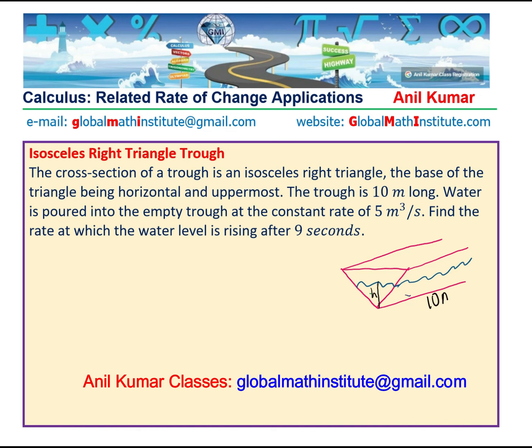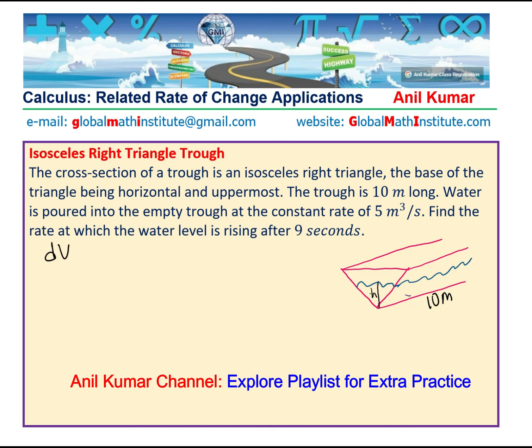This is 10 meters. So dV/dt, the rate at which water is being filled, is 5 meter cube per second. We are interested in finding the rate of change of height at 9 seconds. So we need to find what is dh/dt at t equals 9.